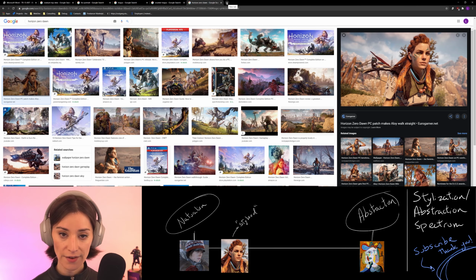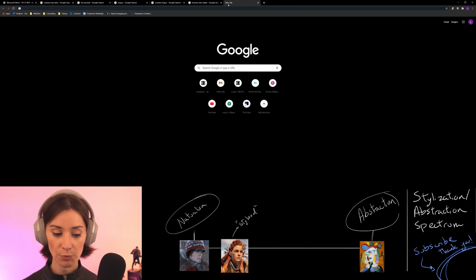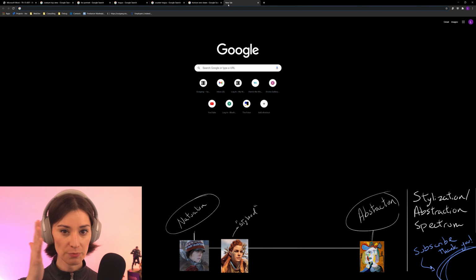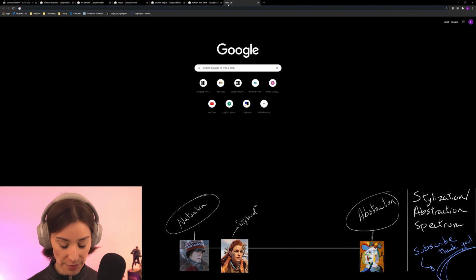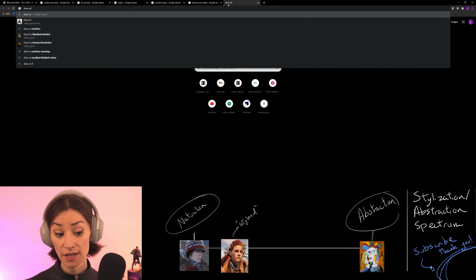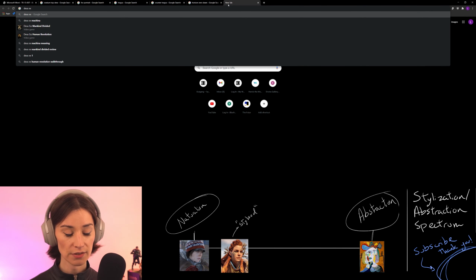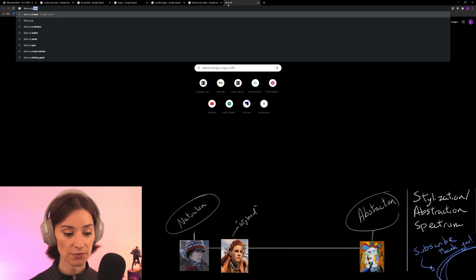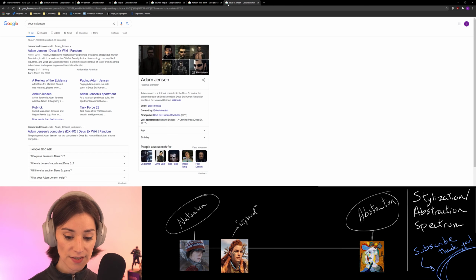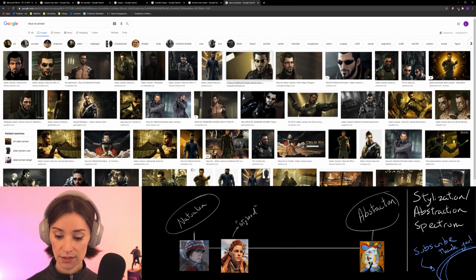Now, if you continue down this spectrum, what would you have? Not far from that, very close to that, you would get to Deus Ex. If you look at Jensen's face, you can see that it's clearly more stylized than Horizon.